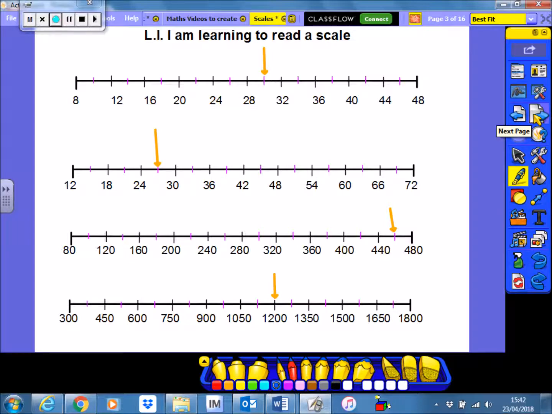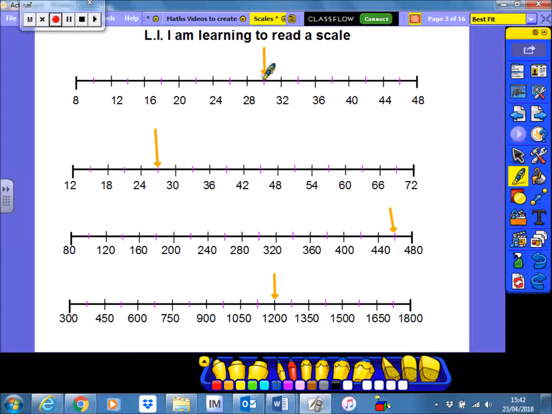Now these scales here have missing numbers in between. So we are told what the major increments are, but there are minor increments which we don't know about. And we're being asked what this particular number on this scale is. So, the first thing we want to do is work out what the increments are, what the major increments are.